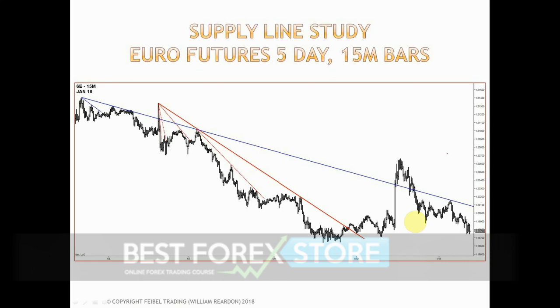How do you trade supply lines? It's a very expansive question. I mean, this, to me, in this violation we come under, is a no-brainer. If we see this occurring, again, I'm using multiple time frames. This is 15 minutes.